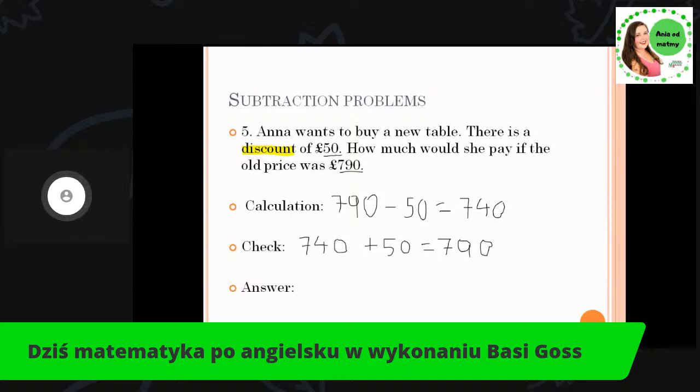So we can say Anna would pay £740. Remember, the pound symbol is in front of the number. Anna would pay £740.